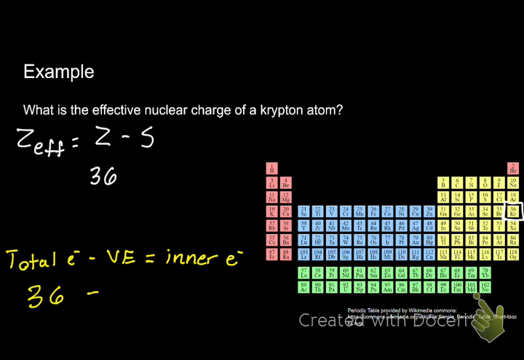Krypton is in group 18, so it has 8 valence electrons, and so what we're going to get is 36 minus 8. And whenever we do that, we should get 28 inner electrons. So for our effective nuclear charge, it will be our 36 minus our 28, which will get us an effective nuclear charge of 8. And 8 will be our answer.